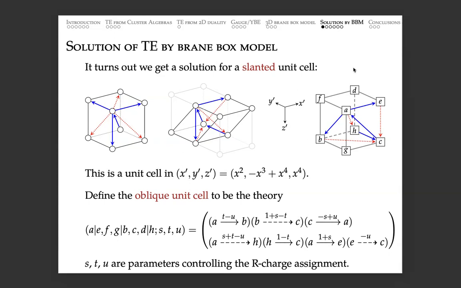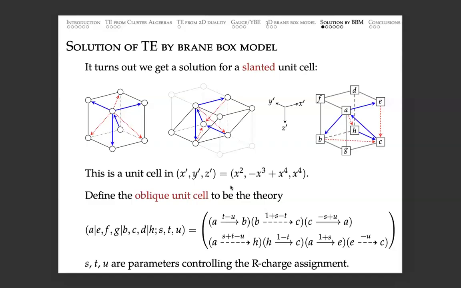But what really is this? This oblique unit cell is really a two-dimensional N=(0,2) supersymmetric gauge theory constructed from chiral multiplets and Fermi multiplets, and you have a lot of U(N) symmetries.